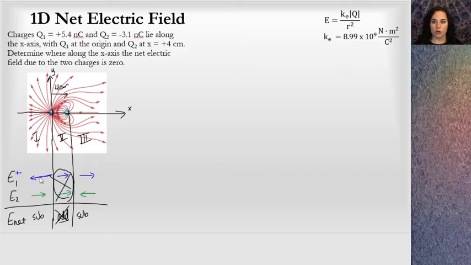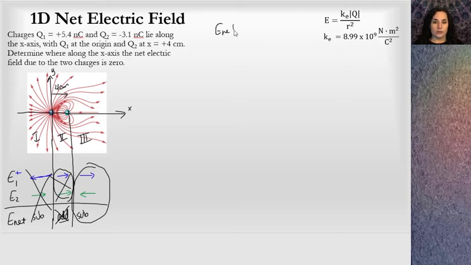The positive charge will always be larger. Just because it's a larger charge, it will always have a larger electric field in that region, and so it won't add to 0 in that region either. So in this region, this is where they're going to add up to 0.